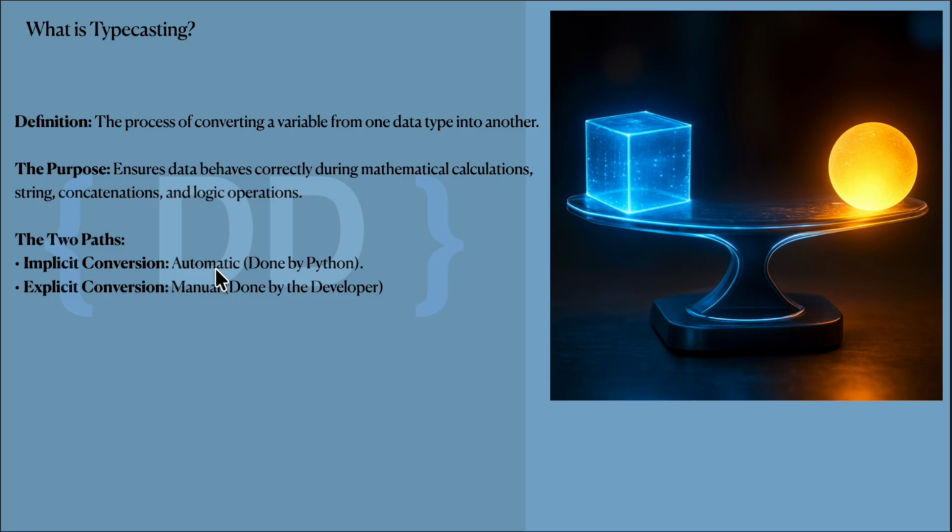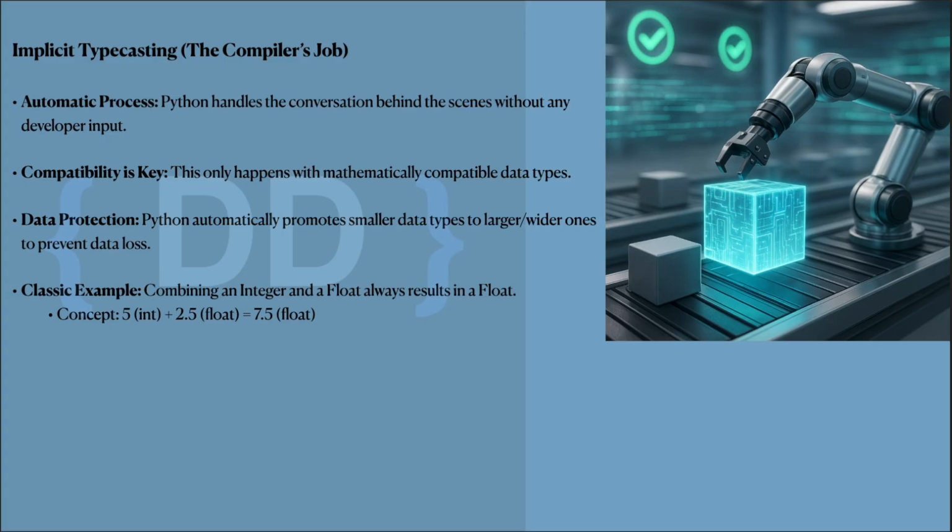Implicit conversion is automatic. It is done by Python at the backend. Explicit conversion is manual, done by the developer, that is you. It's a very important topic. Let's go next. Now, let's start with implicit.